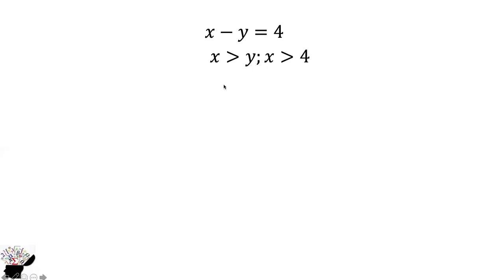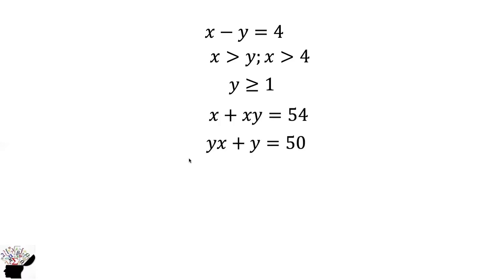So now we can say that y will always be greater than or equal to 1. Why? Because if x is greater than 4, for example, if x is 5, y should always be 1. So x can be 5, y is 1; x can be 6, y is 2, because 6 minus 2 is 4, and so on and so forth.